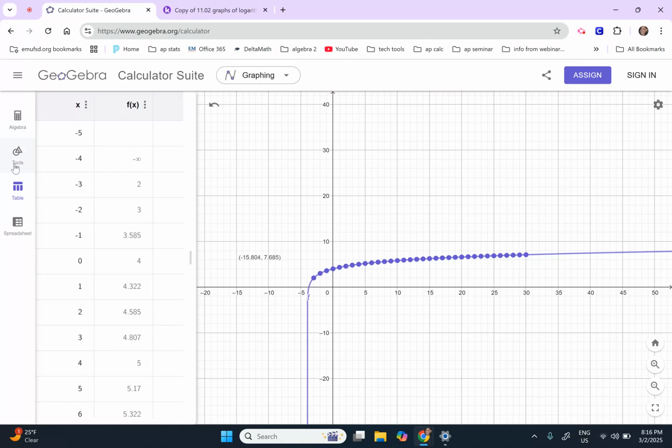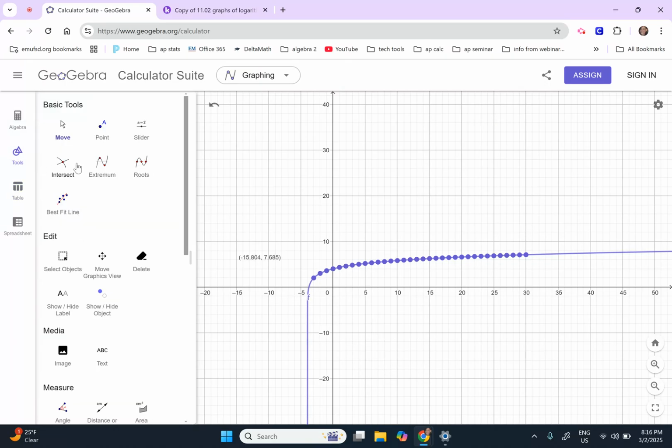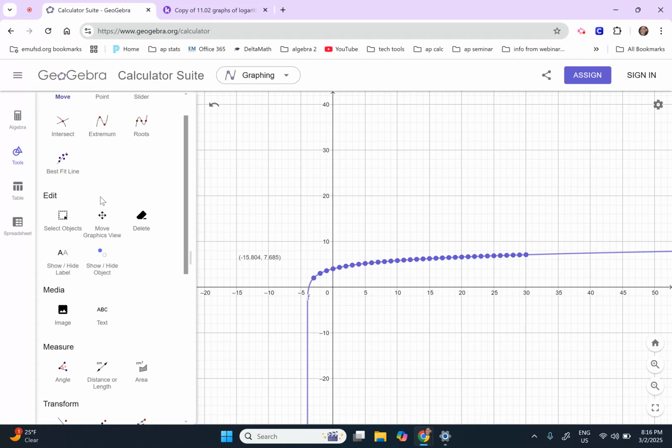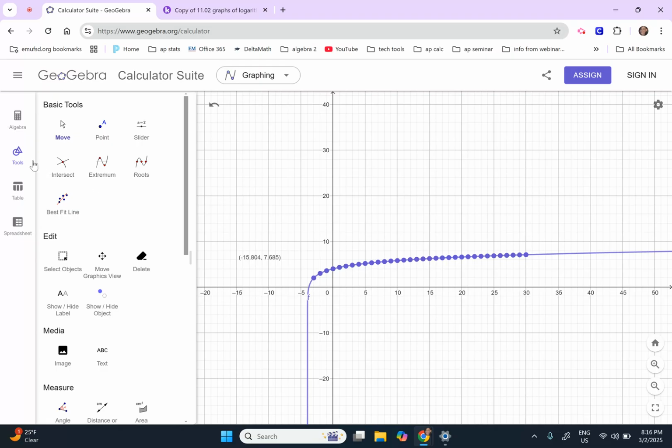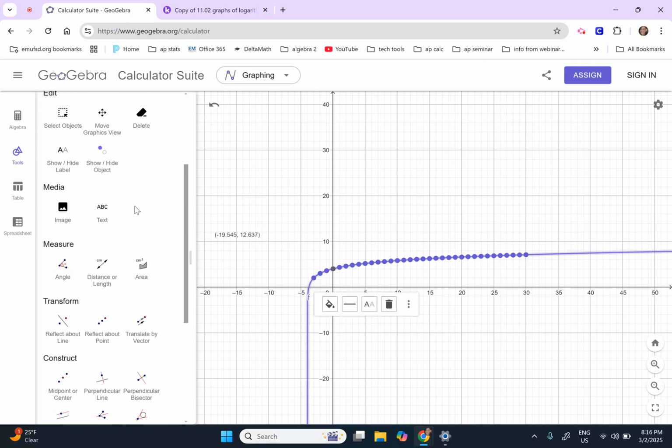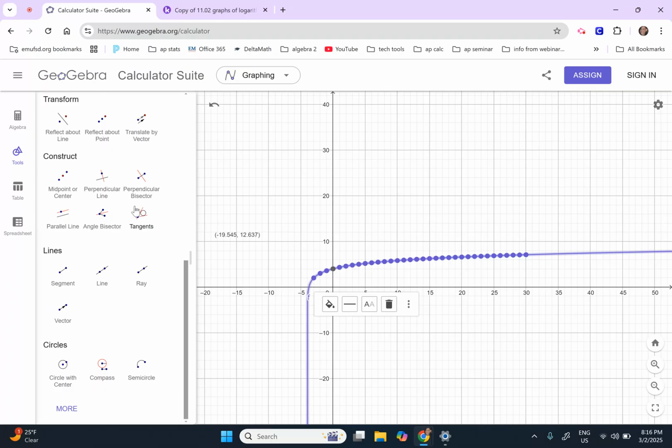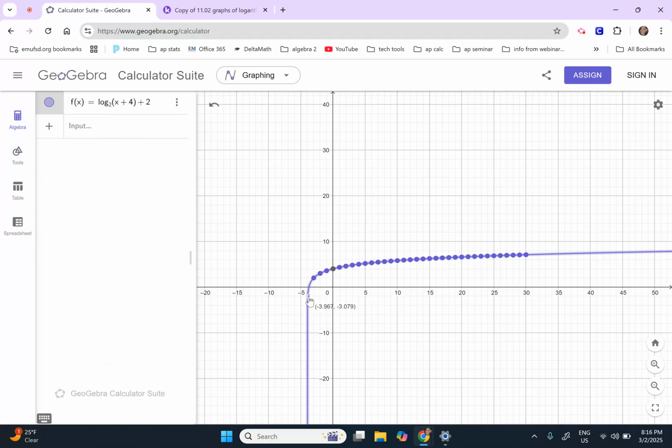Okay, let's try this again. Tools, I want to find the x-intercept. I found it before a different way, so I'll show it to you a different way, but you should be able to find it just from the graph.